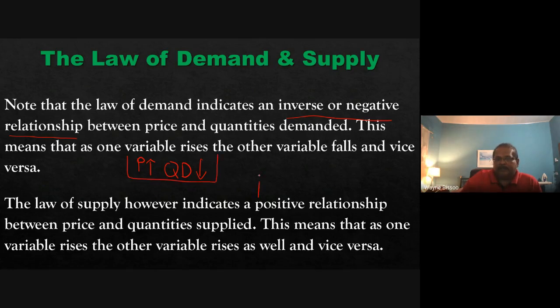But the relationship for supply is a positive relationship. That's this one here. Because as prices rise, the quantities supplied rise with it. And the inverse is true as well. If prices fell, quantity demanded would go up, and if prices fell, the quantity supplied would come down. So that's the situation that we're facing here. Making sense so far?